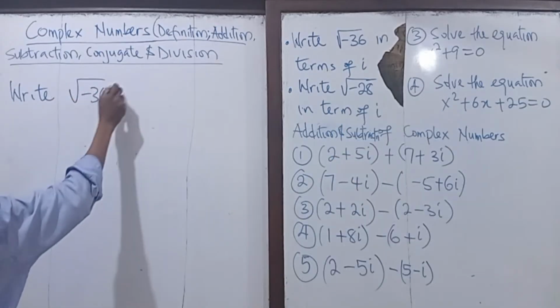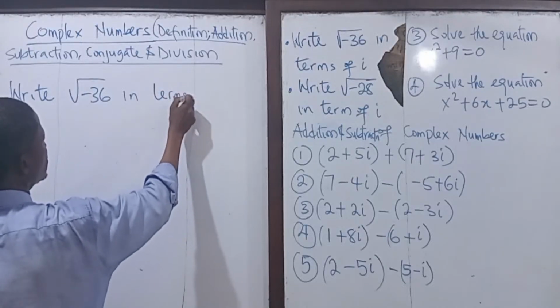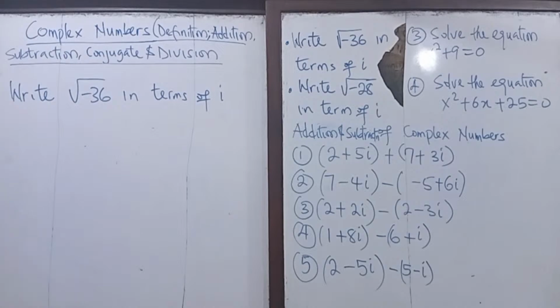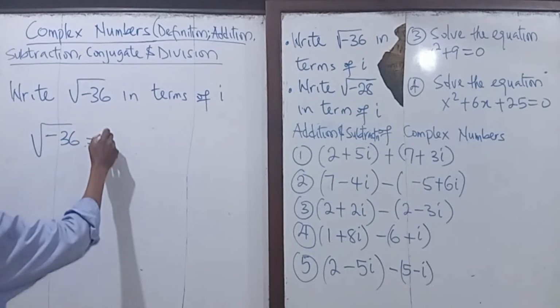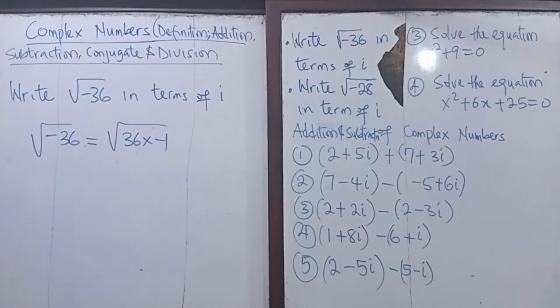Write root -36 in terms of i. Root -36 is equal to root 36 times -1.